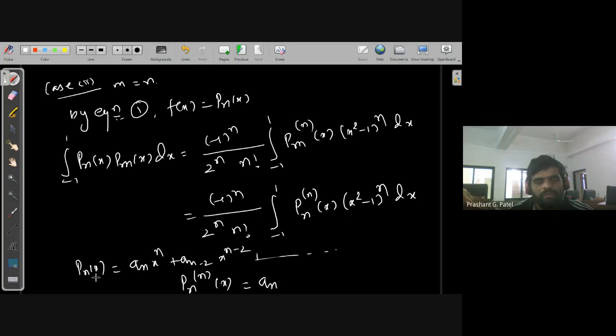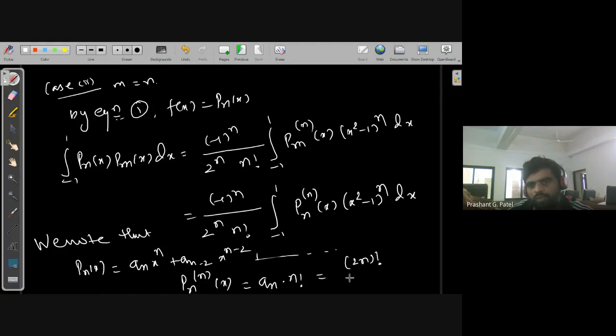So we note that Pn is of this form, then the nth derivative of Pn is a constant term. But what is the constant term into n factorial? Because the first time you do the derivative it will be n, the second time n into n minus 1. If you do the nth derivative, it will have n factorial. But what is this an, which we already calculated?